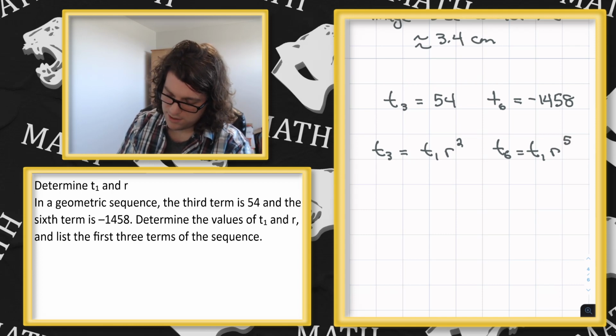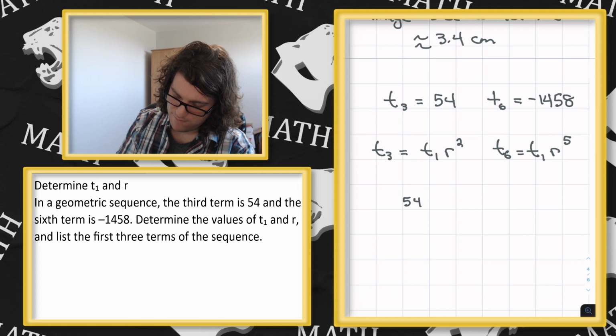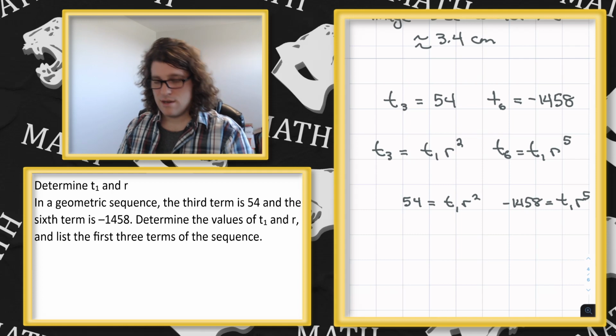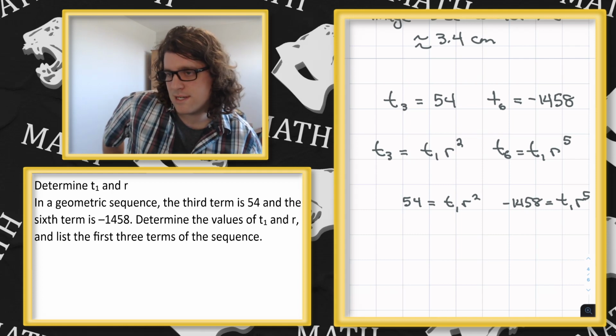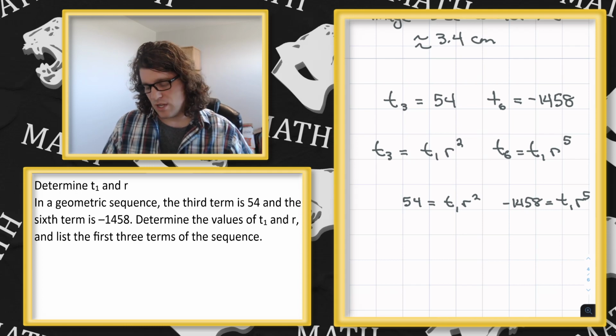So I could say that 54 is equal to T1 r squared, and negative 1458 is equal to T1 r to the 5th.